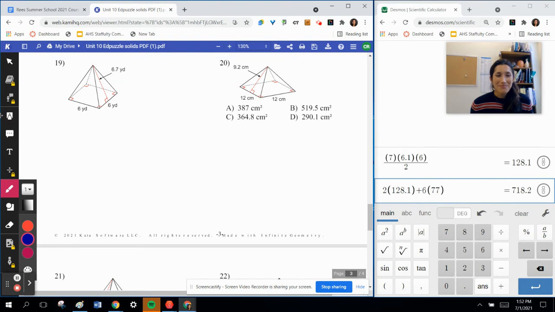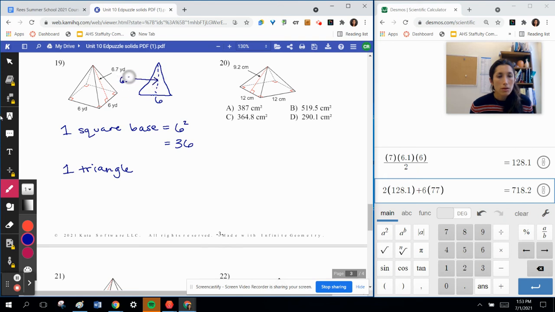On question 19, we are finding the surface area of this shape. So we have one, it looks like a square. That's our base, one square base. Let's find the area of that. That would be 6 times 6, or 6 squared. So that is 36. And then let's find the area of one triangle. Now, if you wanted to lay this out flat, one of the triangles would look like this. We'd have a 6 here, and it looks like this is pointing to 6.7 here.